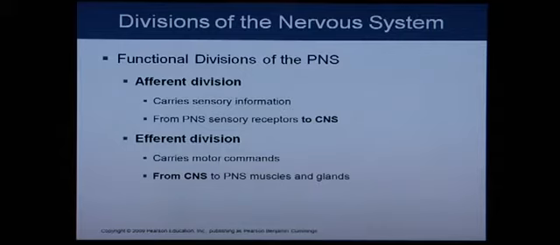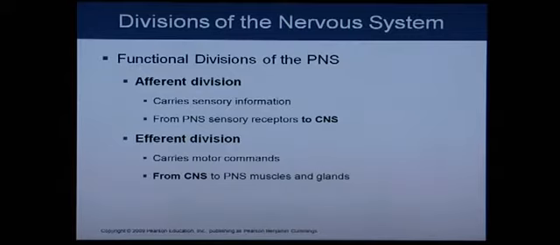And one of the ways that I remember this best is afferent starts with A, and A reminds me of accessing. Okay, so we're coming into or accessing the central nervous system. So remember that afferent, again, we're carrying information from other parts of the body to the brain.